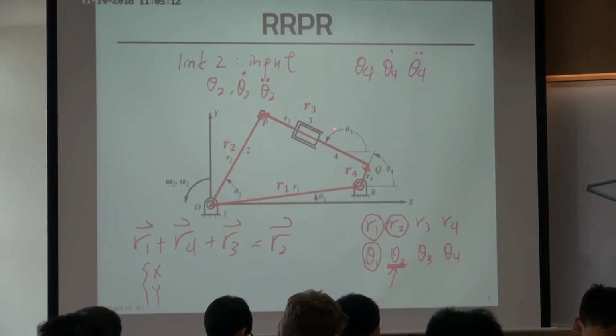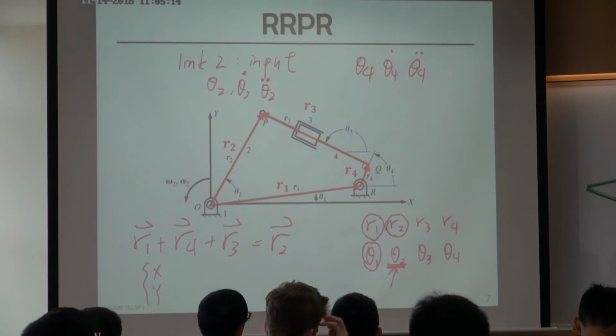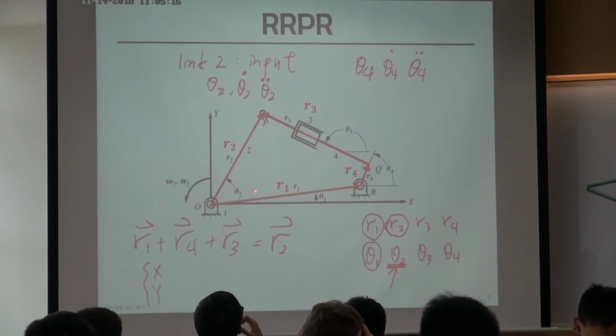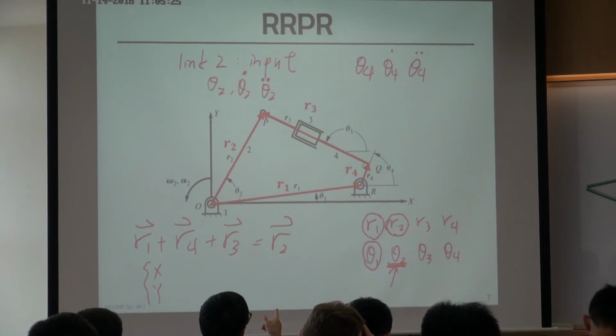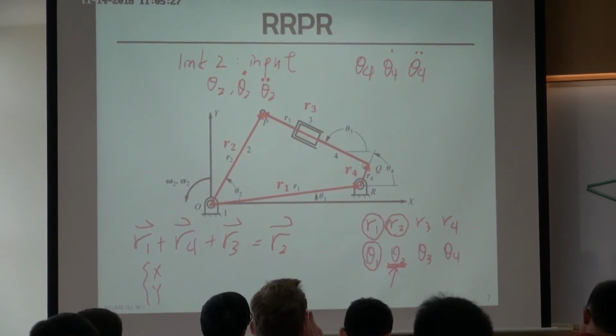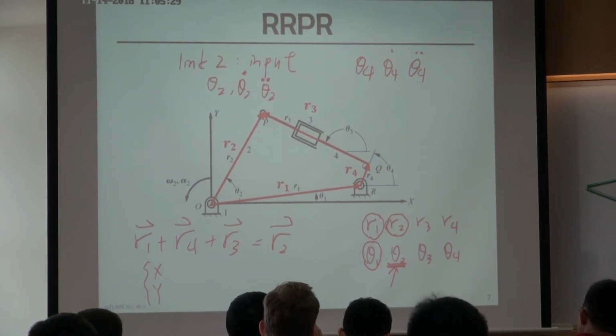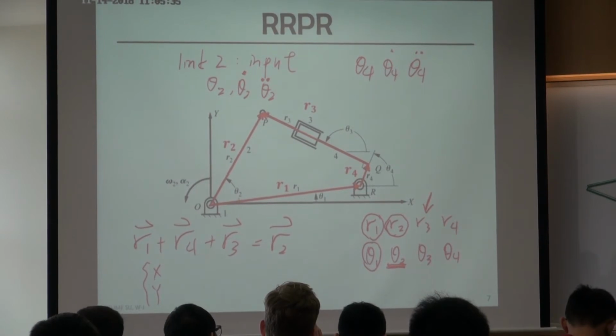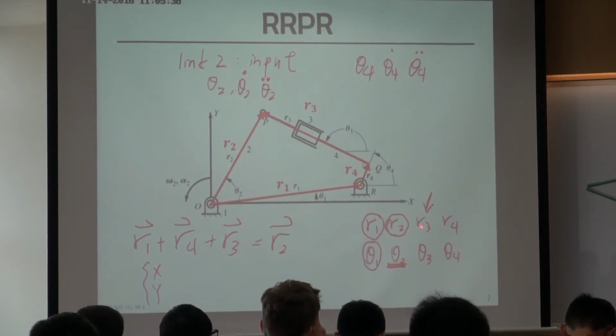And currently, we don't know how long it is. I mean, if I assign another theta 2 value, the length of R3 is going to change. And we will need to determine the value of R3. So it's going to be an unknown. We'll need to solve it. So R3 is an unknown. So I put in an arrow for the unknown.